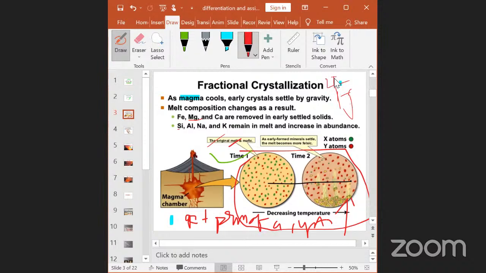The partial pressure of volatile phases in silicate melts is also of prime importance, especially in the solidus crystallization of granite. Iron, magnesium and calcium are removed in early settled solids, and silica, aluminum, sodium and potassium remain in the melt, increasing in abundance.